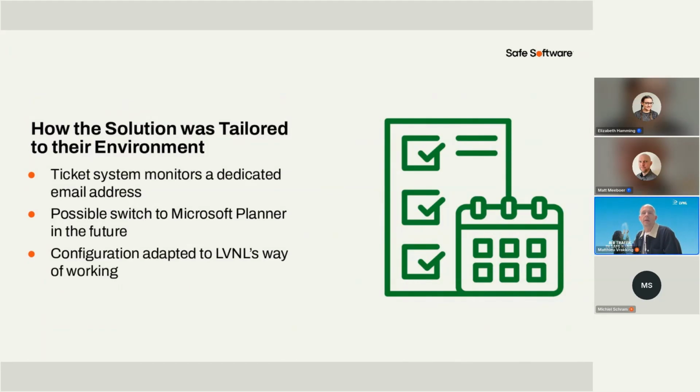And for now, any issue found by the compliance tool is reported by email to this system. In the future, we may switch to Microsoft Planner, which we already use for tasks internal at the GIS, because this can help with planning and also direct reporting to the right person.